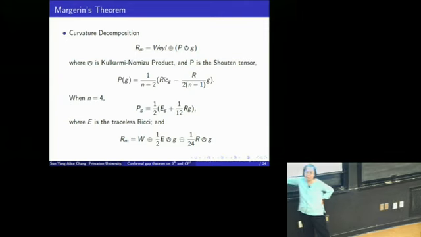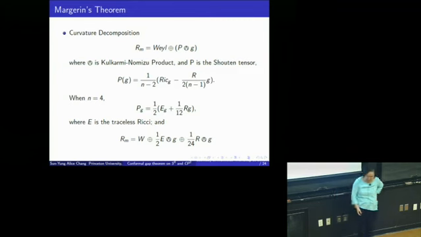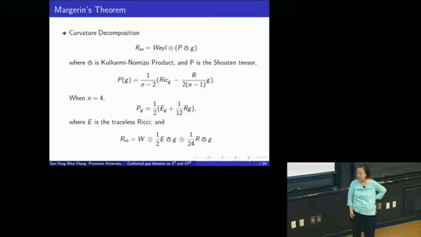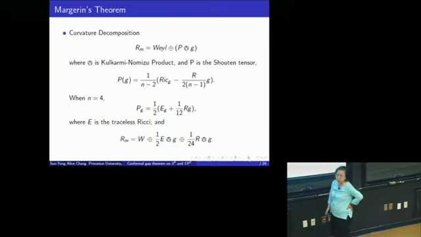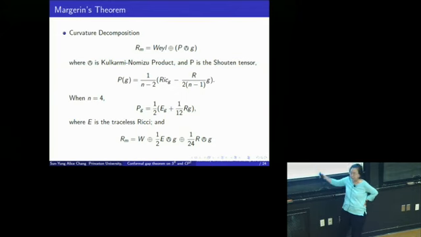One is the Weyl part, the other is the traceless Ricci part, and then the scalar part. So that's a curvature decomposition. So Margerin's idea is he considered a pinching between the first 2 terms versus the scalar curvature term.